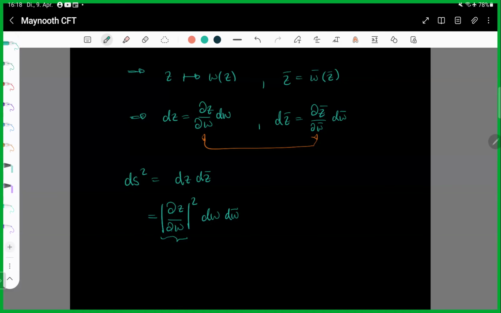It's positive, so that's just a scale factor, meaning that we have found a conformal transformation. So we have found that at least one direction of the claim that I made before is satisfied.